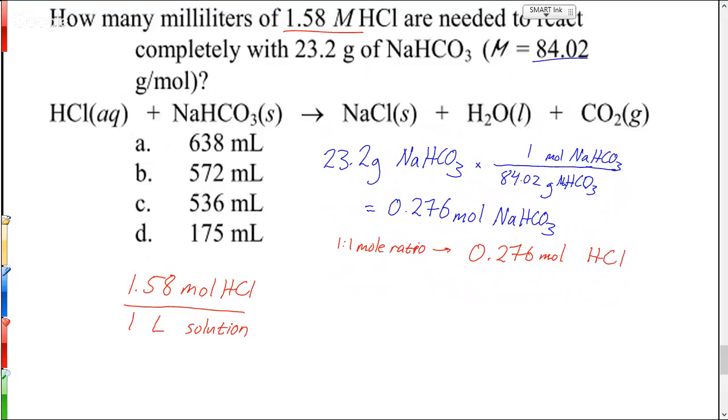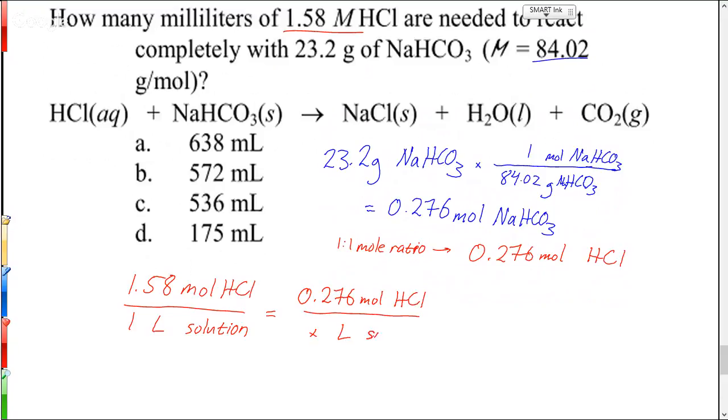That's what that means by definition. That's what molarity is. Since the concentration has to stay the same, we can set up that proportion to say, okay, well then we know we want 0.276 moles of HCl.